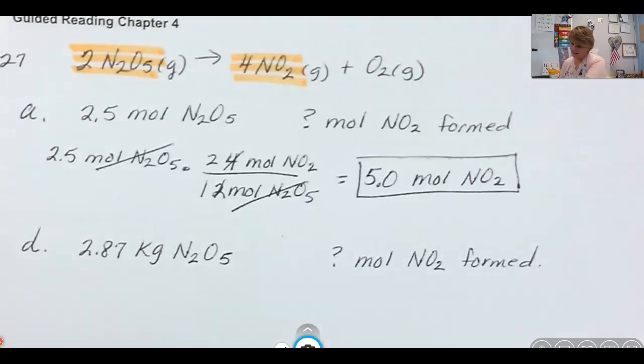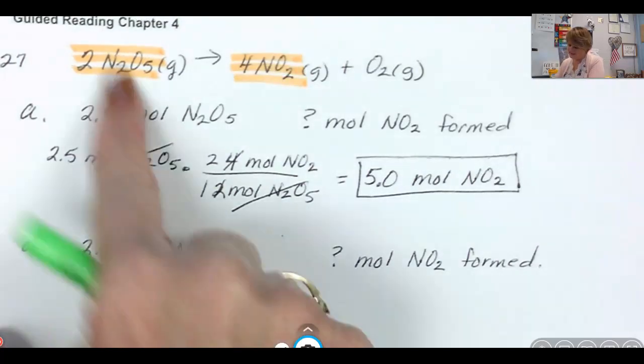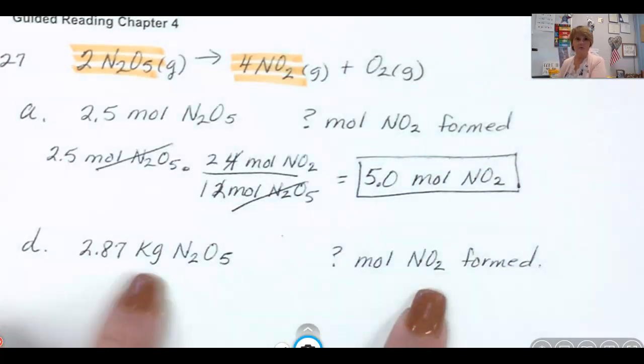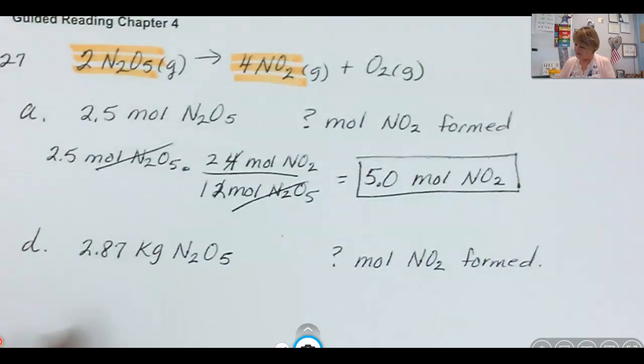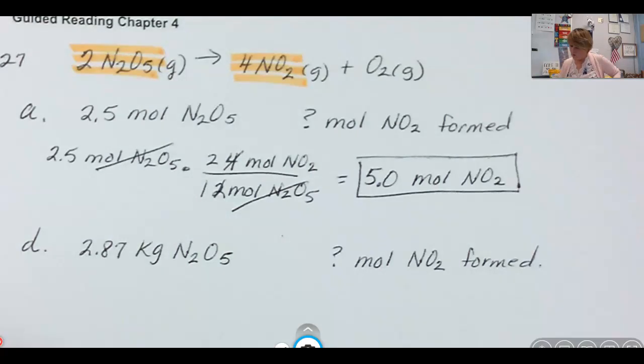Now I might rewrite the formula up here, or definitely go back in and look to see, no, I didn't. So I'm still using the same 2. So that piece didn't change either. So I know I'm going to use the same mole ratio. Okay, now what's different here?